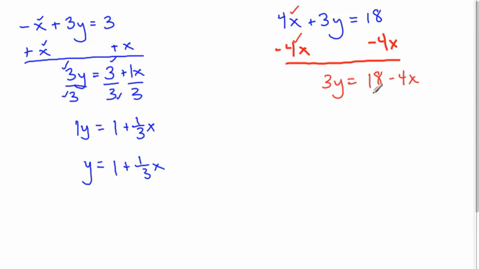This is like 18 burgers minus 4 books. You can't do that. You can't subtract books from burgers. Divide by 3, divide by 3, divide by 3. These check out. I'm not even going to write the 1y. I'm just going to put y equals 6 minus 4 over 3 x.